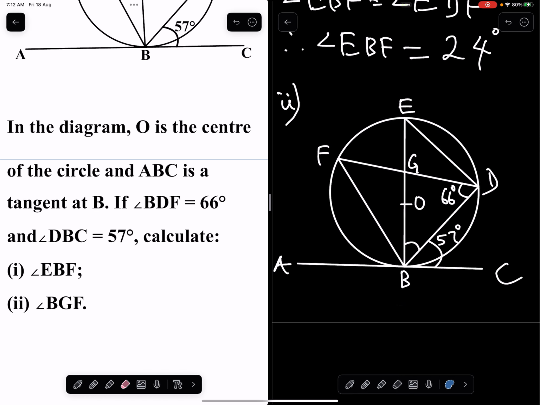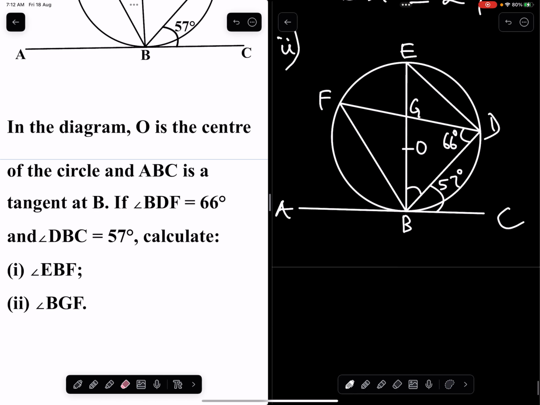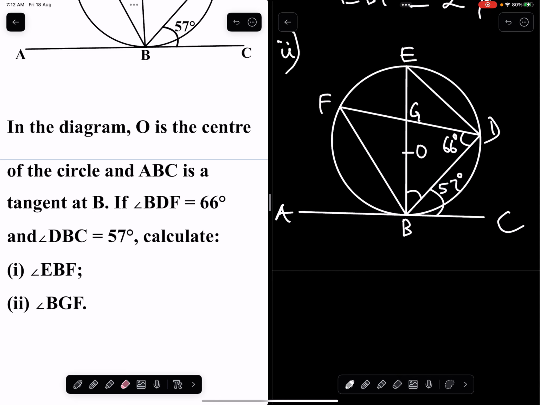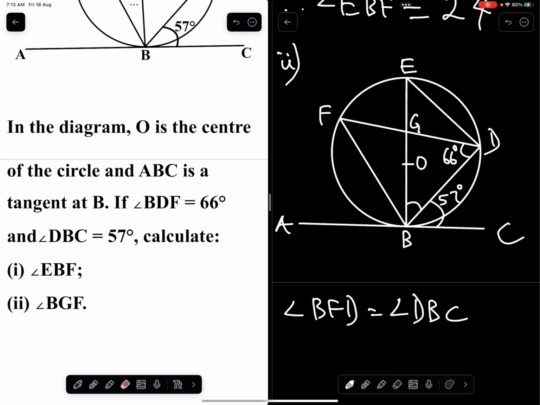Let me have a diagram again. How do we find angle BGF? Now angle BFD is the same as angle DBC, and that was the reason for that. We can see that angle DBC is between chord DB and tangent BC.